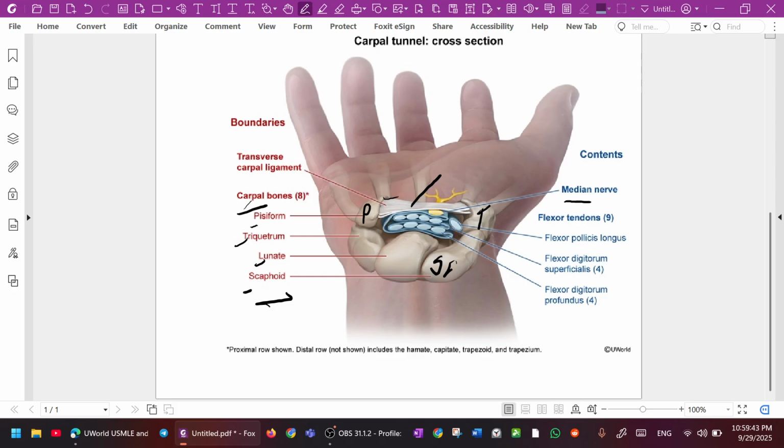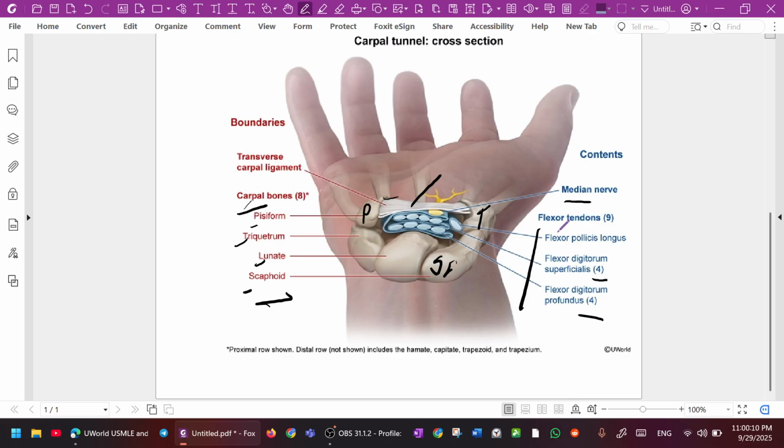If we look at the contents of the carpal tunnel, the carpal tunnel primarily functions as a conduit for 9 flexor tendons. What are those flexor tendons? Flexor digitorum superficialis 4 tendons, flexor digitorum profundus 4 tendons, and flexor pollicis longus 1 tendon, and 1 nerve.